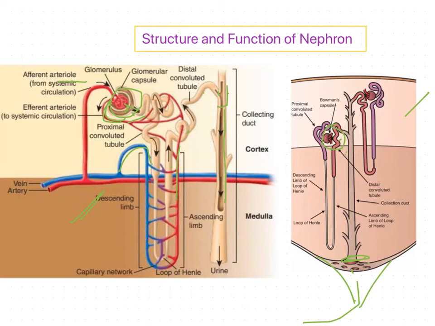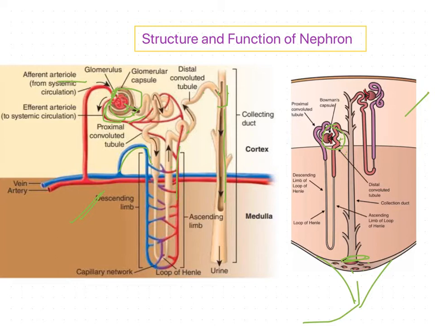Always this glomerulus, we can call it the vascular pole of the glomerulus, is closely related to the ascending limb of the distal convoluted tubule.